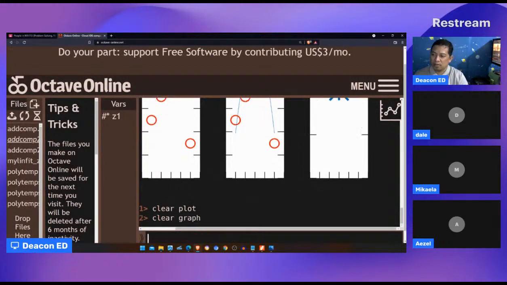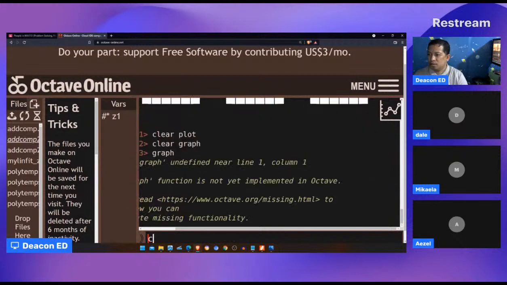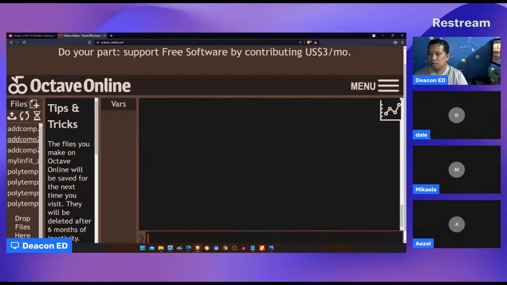Ayaw niya no? Supposedly, nasa gitna siya ng 3 saka 4. That's the way it should be plotted on page 487 of your book. That's how we plot the complex plane.